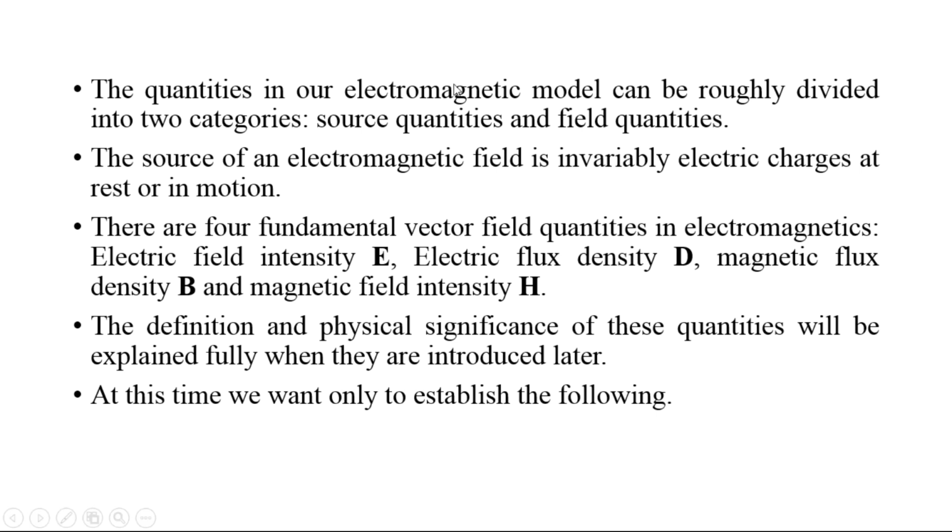The source of an electromagnetic field is invariably electric charges at rest or in motion. You will know that when electric charges are at rest, they constitute the electric field, whereas when electric charges are in motion, they constitute the current.